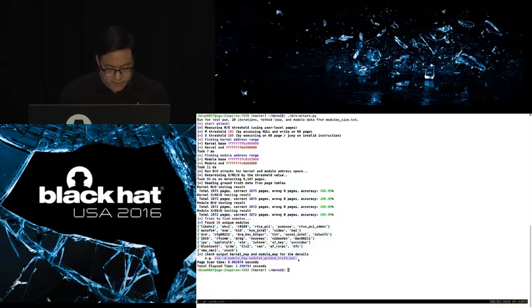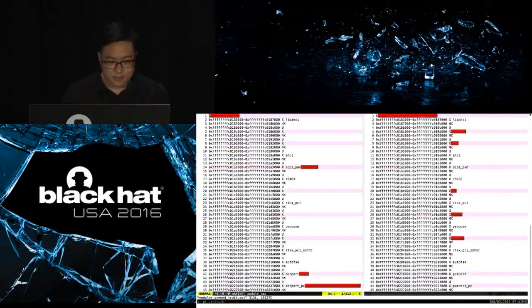For the details, let's take a look at the actual mappings. On the left side, the result is generated by DRK, and on the right side, the information is extracted from the kernel page table. It is just a Vim diff, so if something is marked in red, that means it is different.